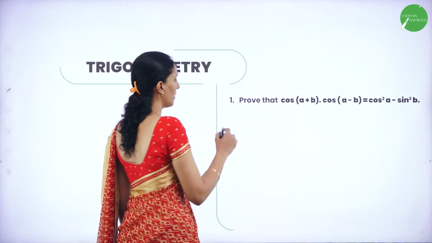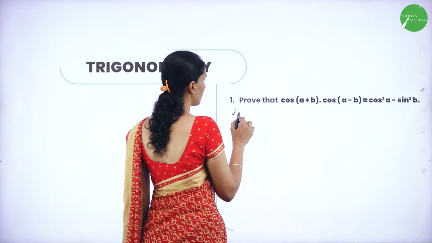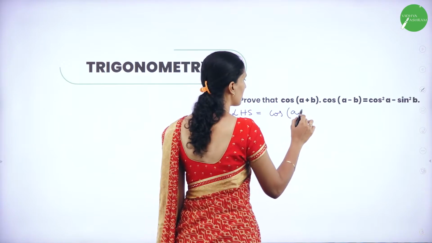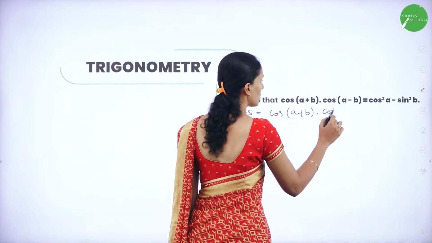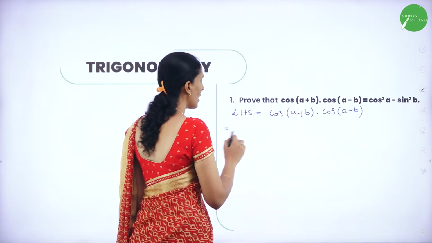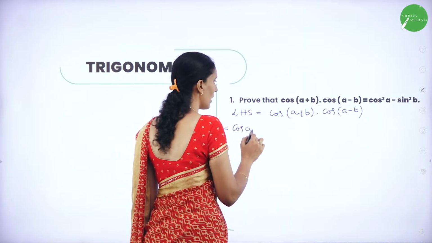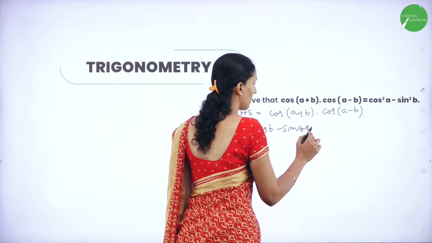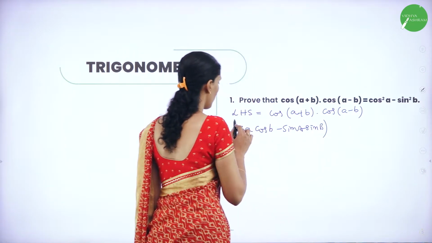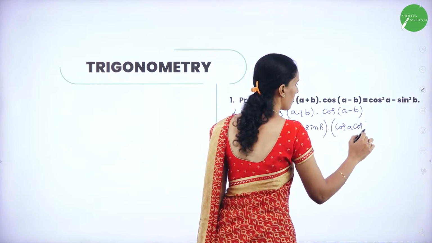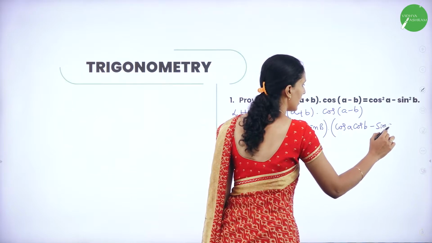So let me take my LHS part here, which is cos of a plus b into cos of a minus b. So cos(a plus b) is cos a cos b minus sin a sin b, into cos a cos b plus sin a sin b.